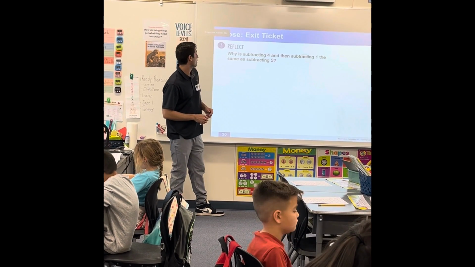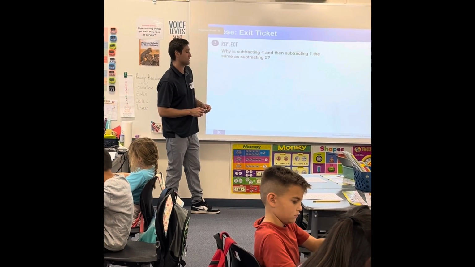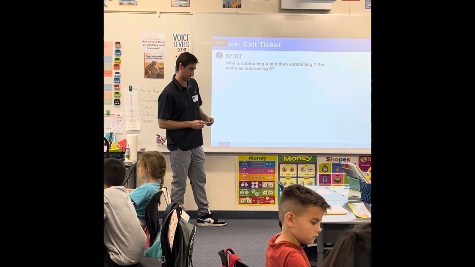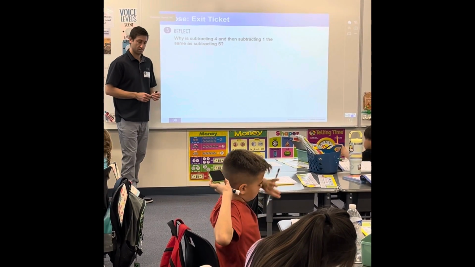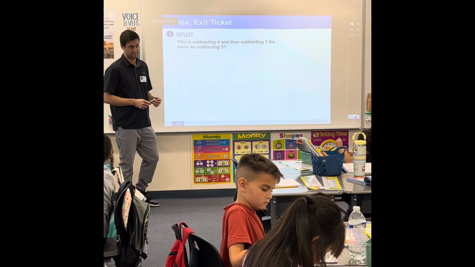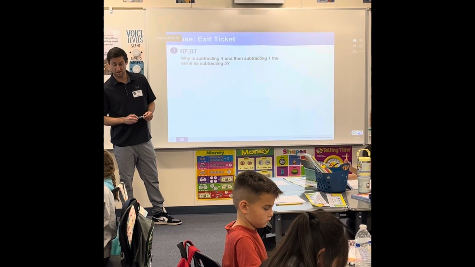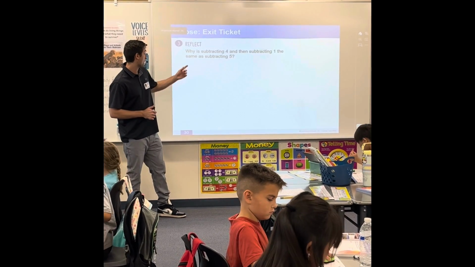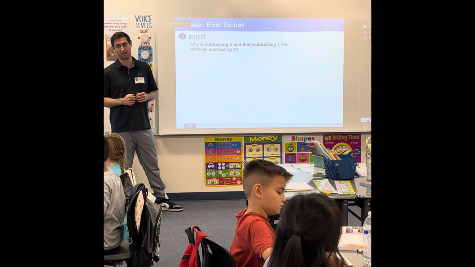Thank you. Why is subtracting 4 and then subtracting 1 the same as subtracting 5? Does anyone want to take a gander at that? Anyone else? Why is subtracting 4 and then subtracting 1 the same as subtracting 5?